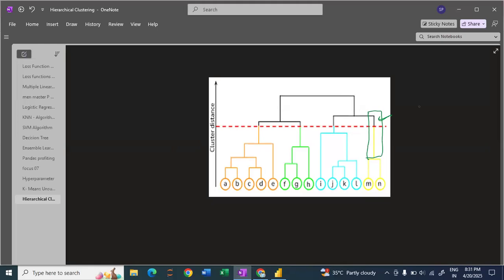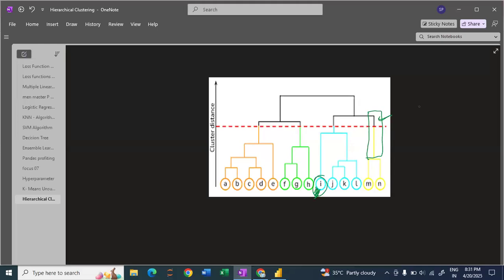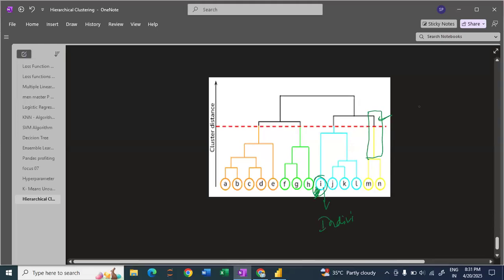Saurabh, people, agree with this? I'm confused between that line and the one starting from letter I, the blue line. That's the letter I, this one, right? Basically, it is starting from the initial data point. Okay, this is your individual cluster. So we cannot take this individual.